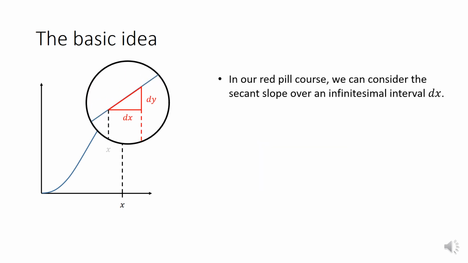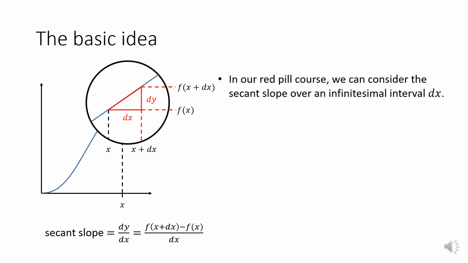In our Red Pill course, we can consider the secant slope over an infinitesimal interval, dx. The secant slope is then dy over dx, or f of x plus dx minus f of x over dx. dx and dy are called differentials.